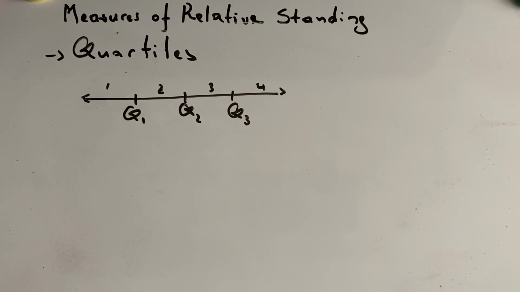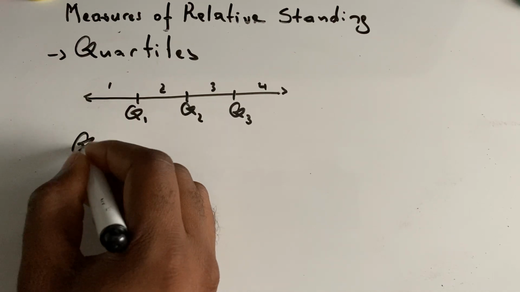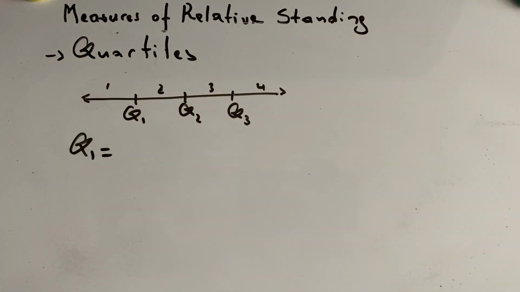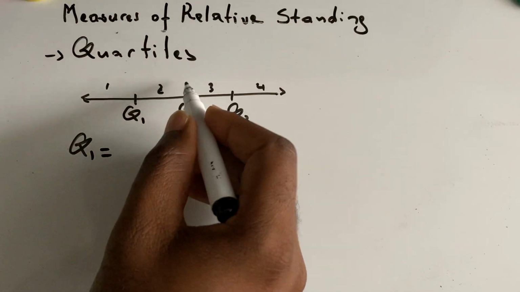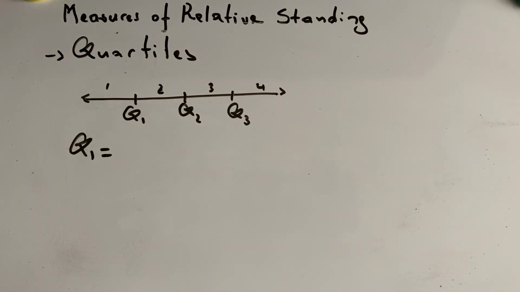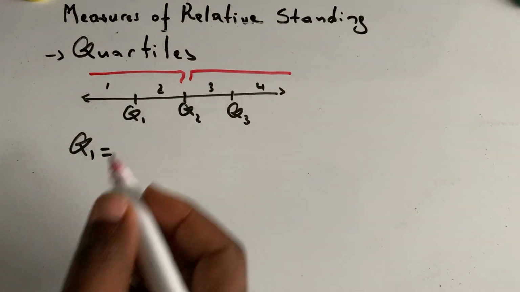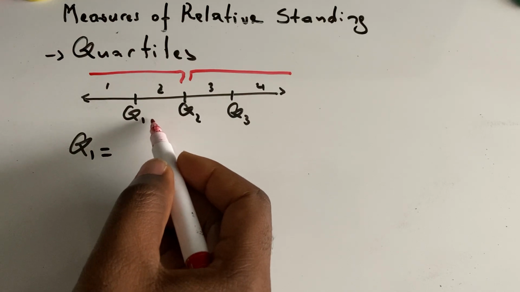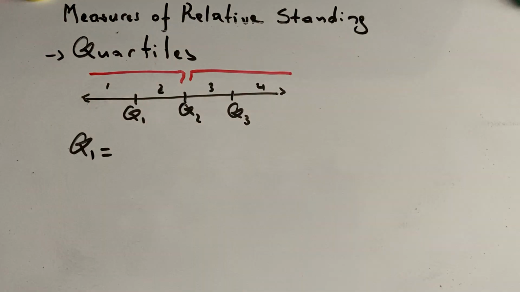Well, if you have a data set right in front of you and you need to get the first quartile, you can say the first quartile would be the median of the first half. Because if you think of this as the first half, and this is the second half, then Q1, the first quartile here, would be the median of the first half, which you know how to calculate.